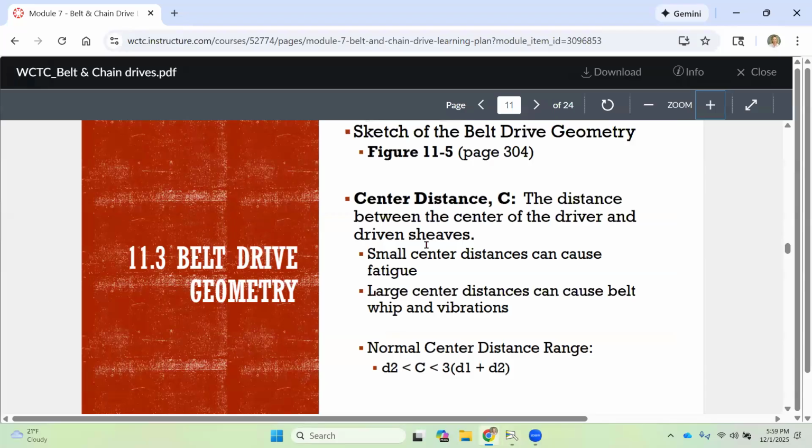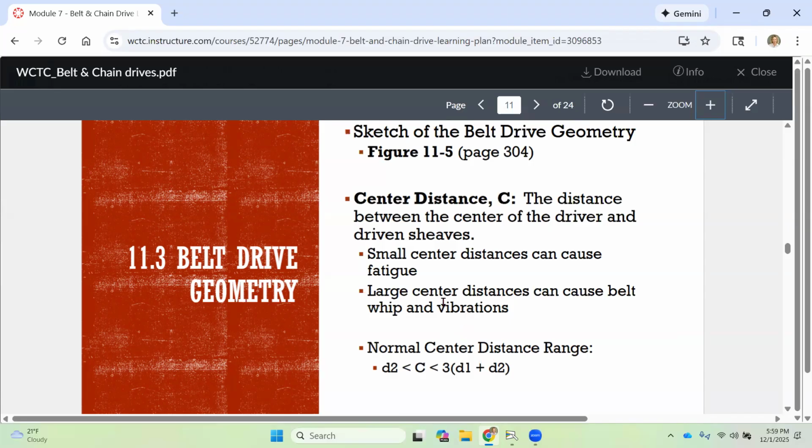Belt drive geometry. So we've already looked at that sketch 11.5 at the bottom. The belt drive is going to be made up of a minimum of 2 sheaves, and it's going to be a V-belt that is going to ride over those 2 sheaves. Then we're going to have them separated by the center distance. That center distance is the distance between our input and our output, or in the case of a belt drive, we call it a driver and a driven sheave, okay?